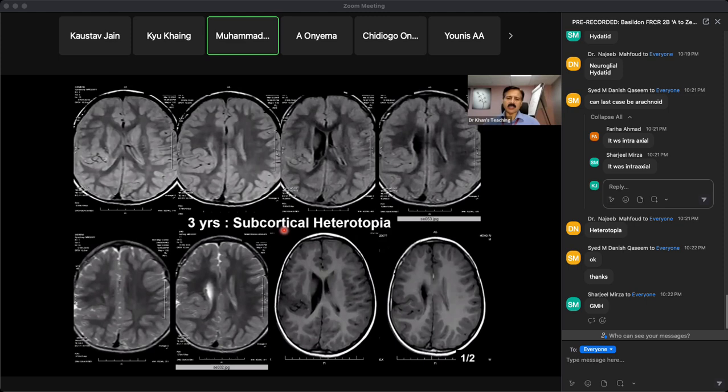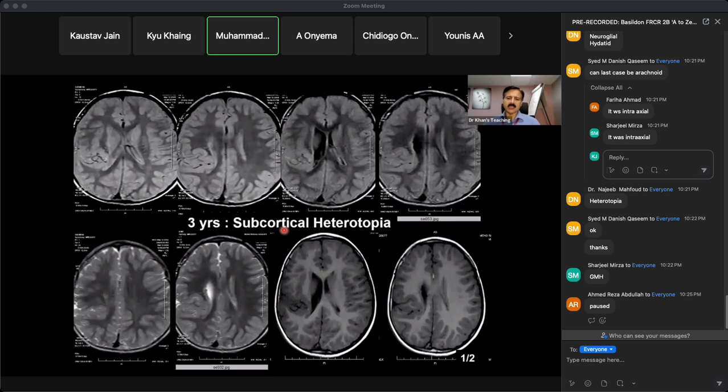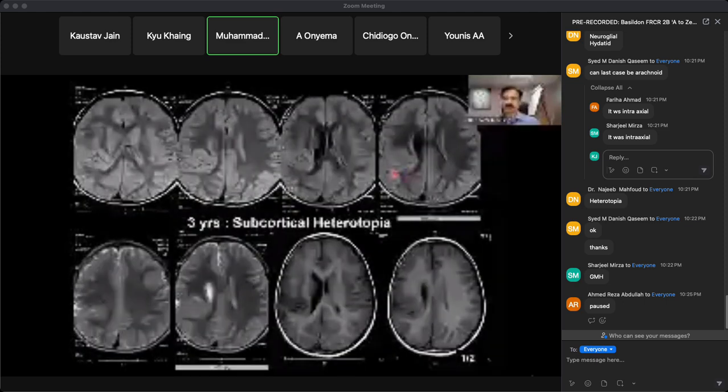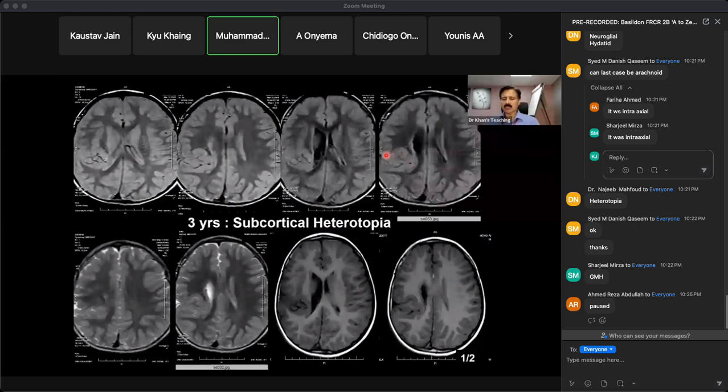It can look like a mass, and you will be worried what it is. When you do an MR, you see the signal intensity is equal to the other gray matter.